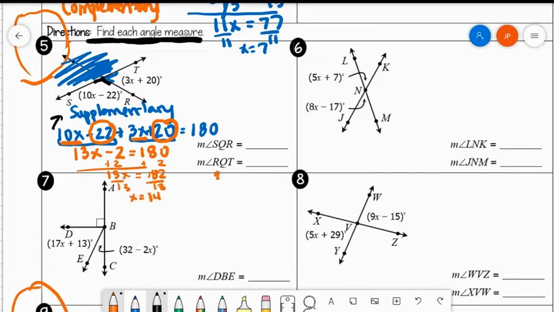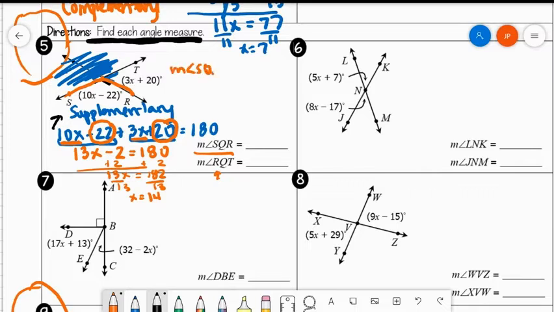Because notice, they even gave you a little hint down here, laying out what answers they're actually looking for. They're looking for measures of angles. So I'm going to go back to my picture. They're looking for the measure of angle SQR. SQR is this guy right here.